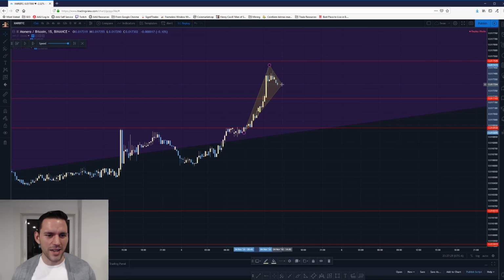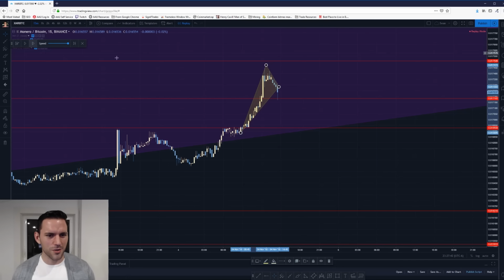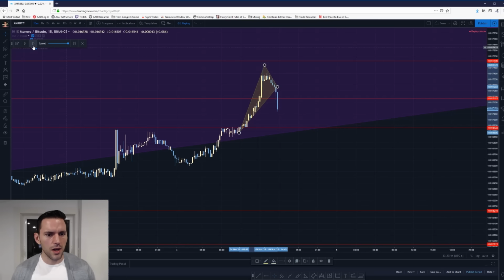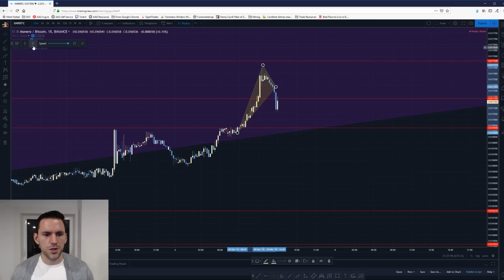Okay, so we would have identified this wedge, and we would have lined it up with the bottom side of this trend, and we already have it lined up with the top side of this trend. So we would have needed to see where this is going to go now. Hopefully, 15-minute chart. See, it kind of goes down, and it breaks the bottom side of this wedge, so naturally it moves down.